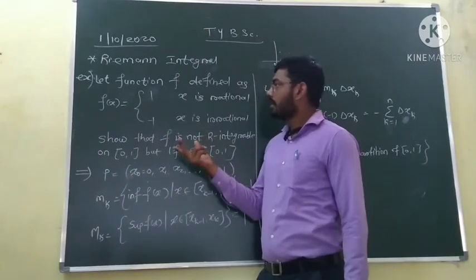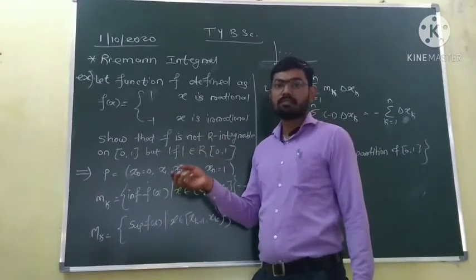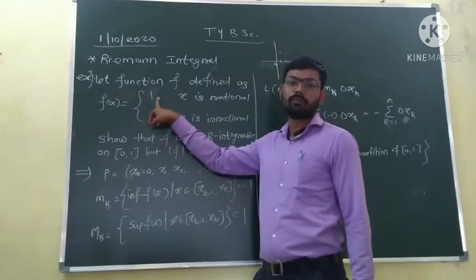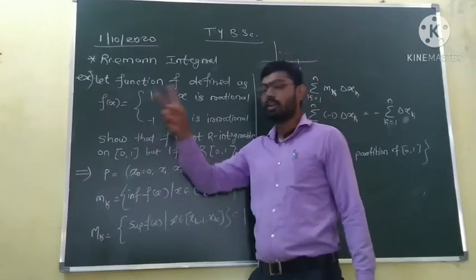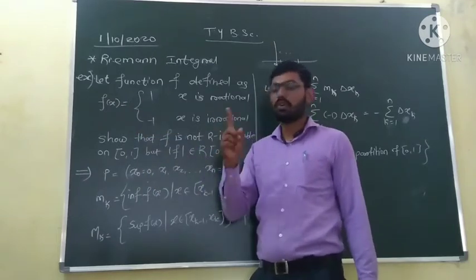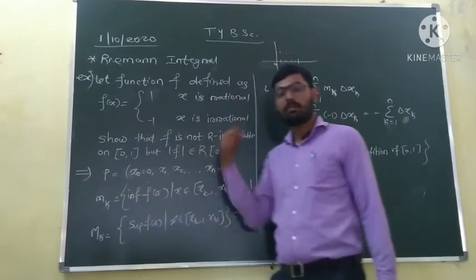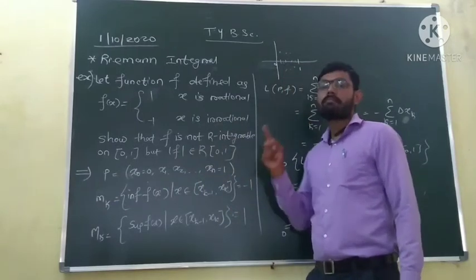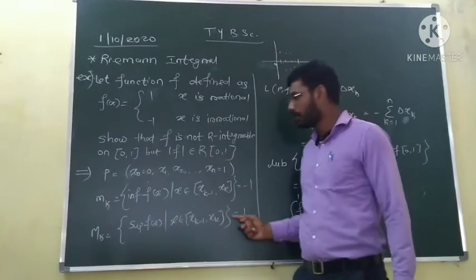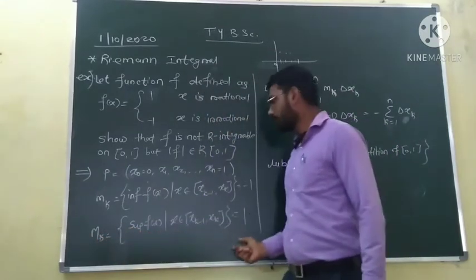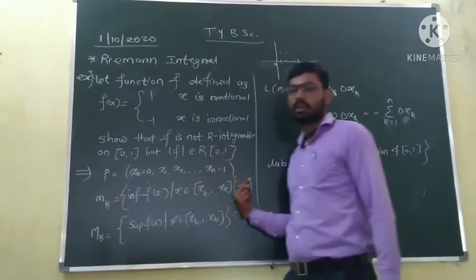Again, in each subinterval the maximum value of the function is plus 1. So capital M k is plus 1 and small m k is minus 1.